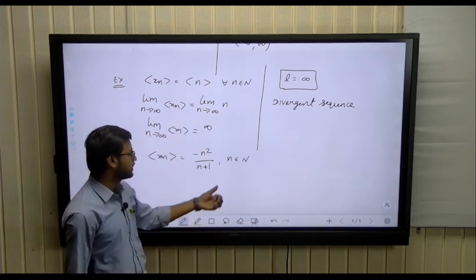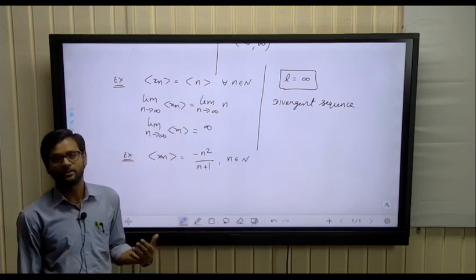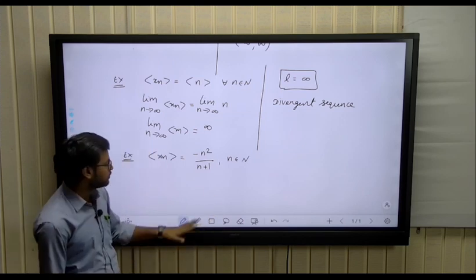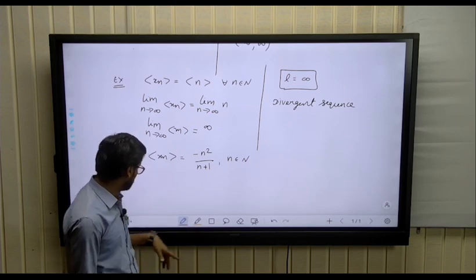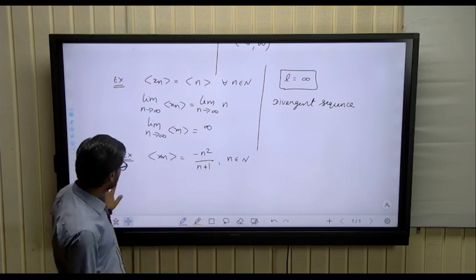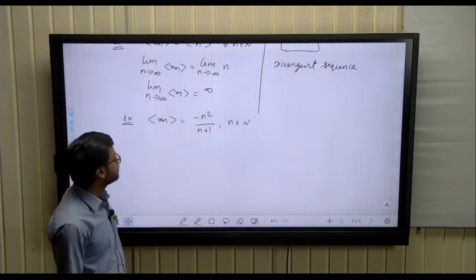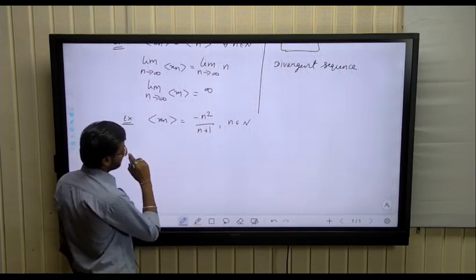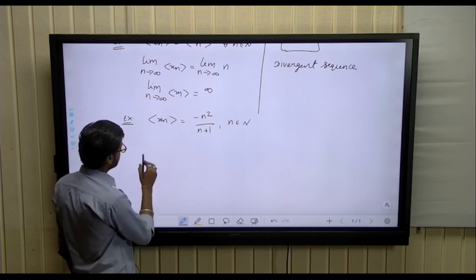We all know about the natural numbers, because the sequence definition says that the n we use comes from the natural numbers. This is not a topic for much discussion; we only talk about the limit and convergence and divergence. Okay. Now, let us see what the limit of this sequence is.